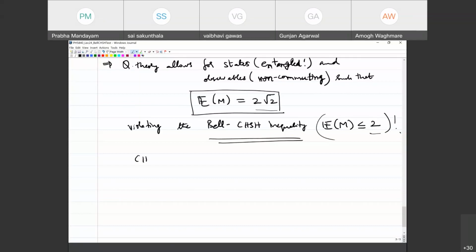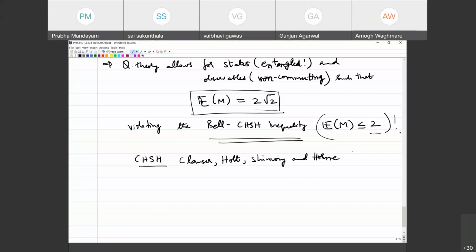This refers to 4 people: Clauser, Horne, Shimony, and Holt, I think. I've interchanged the order of the 2 H's, but it doesn't matter.